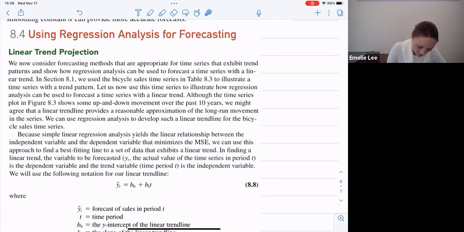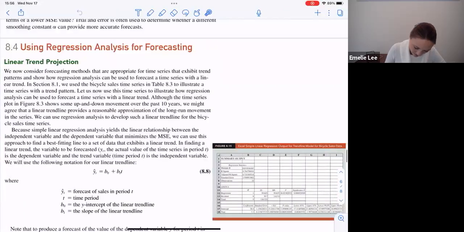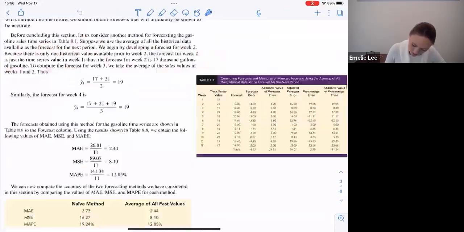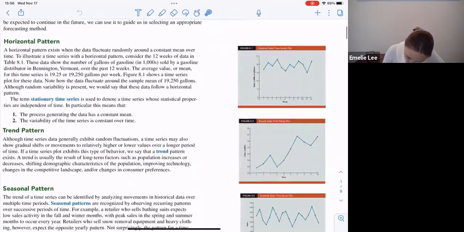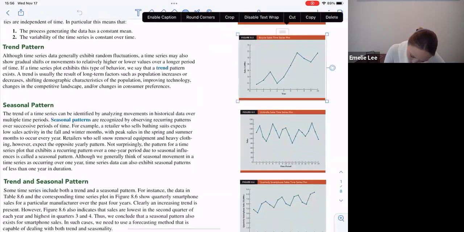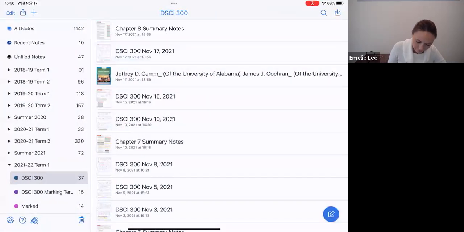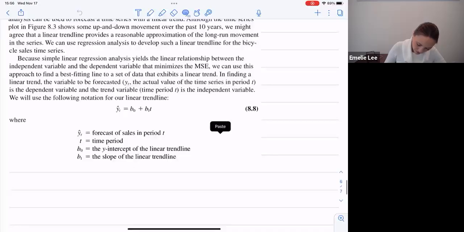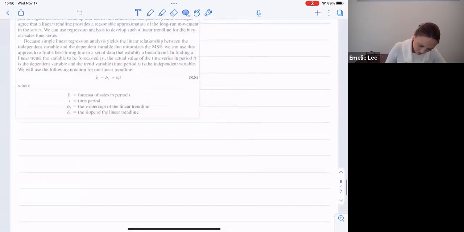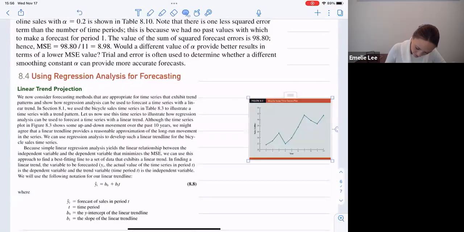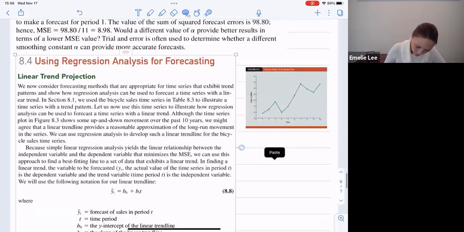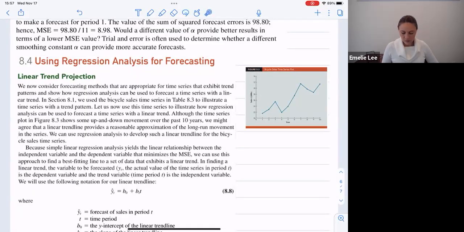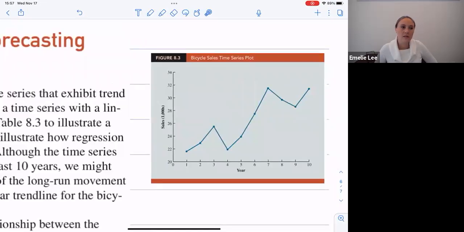Oh yeah, and I want to go back and grab the bicycle sales. Where is it? There. So if you have, maybe I'll make this a little bit smaller here, something like this, there's a trend here.